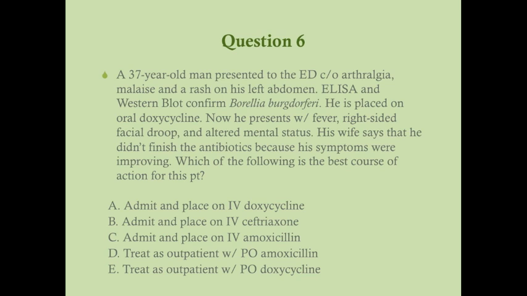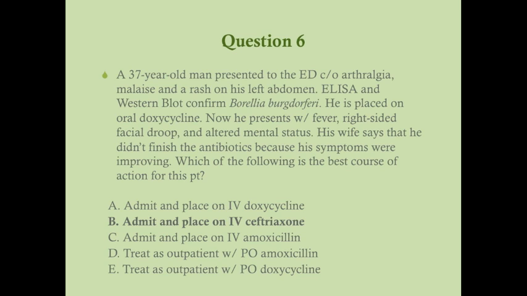All right, the answer to this one is B, admit and place on IV ceftriaxone. So the way we treat Lyme's disease is pretty simple when we're dealing with adults.